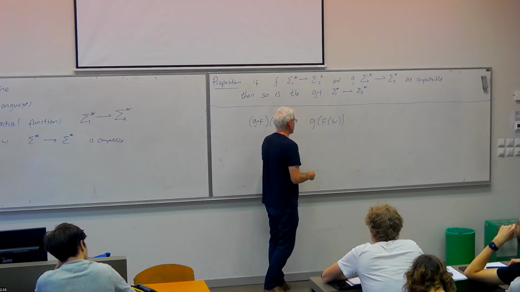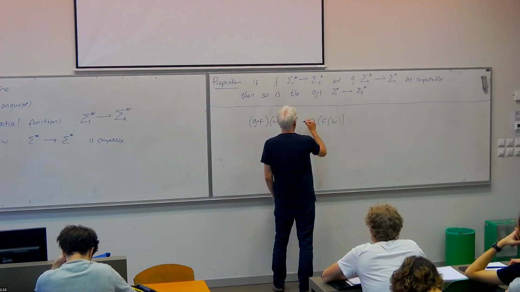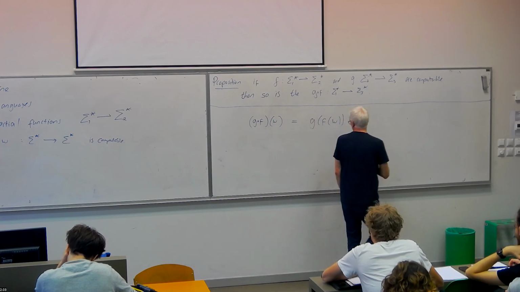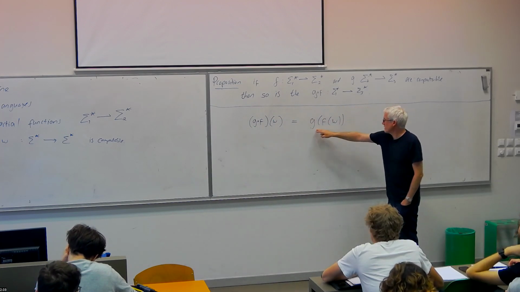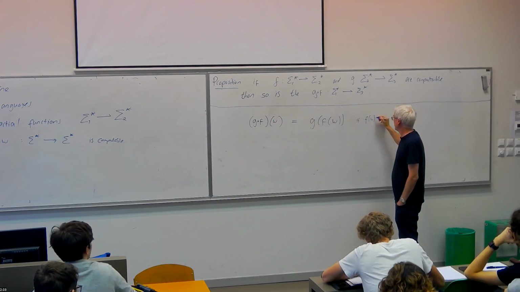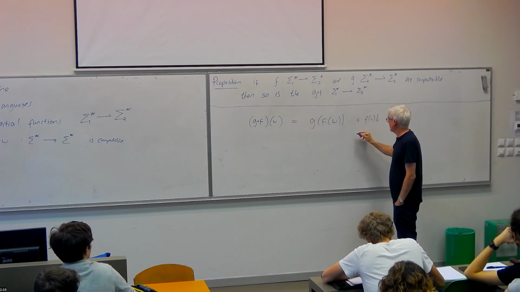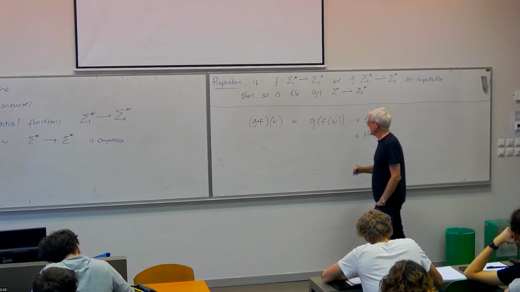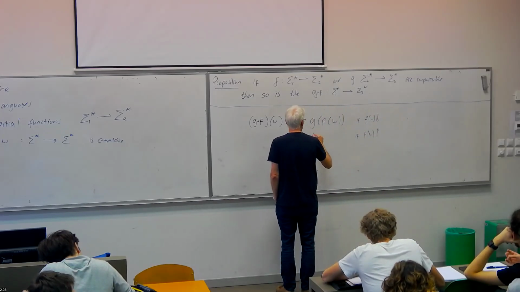The right mathematical definition for what the composition of two partial functions is, is that it equals g of f of w if f of w is defined, and it is undefined if f of w is not defined, or if w is outside the domain of f, which is a partial function.